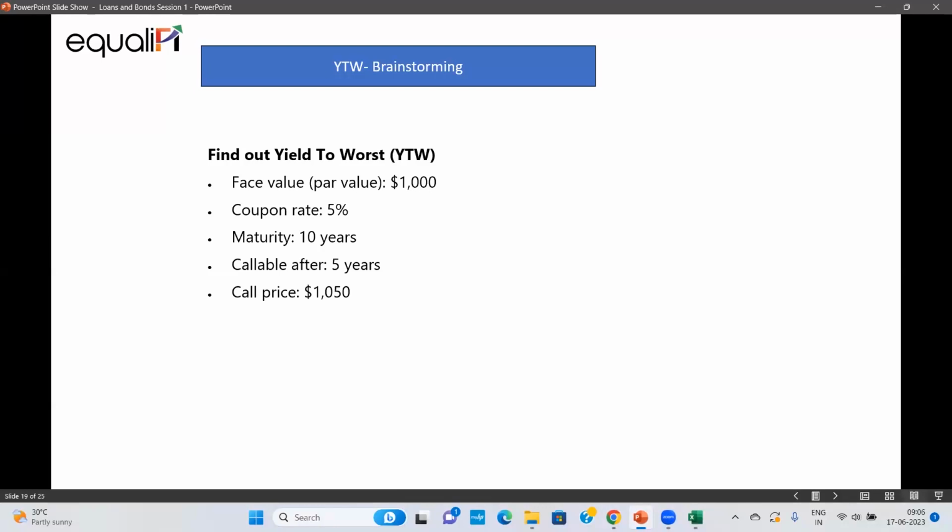You can find out yield to call first, then yield to maturity, and then see which is the lowest among them. The lowest one will be the yield to worst.